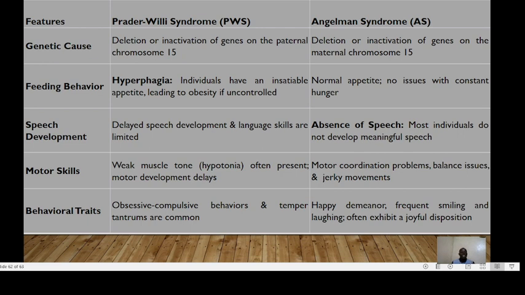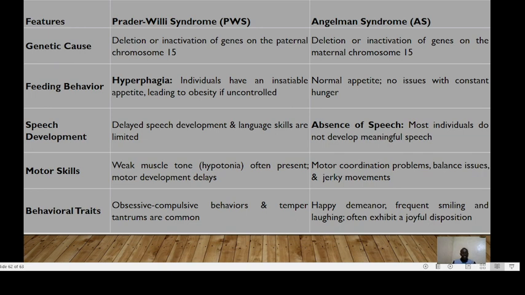Prader-Willi syndrome patients will present with delayed speech development and limited language skills, while Angelman syndrome patients will have no speech. Most individuals do not develop meaningful speech.